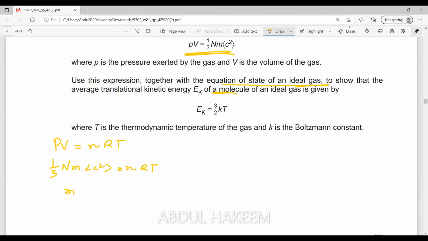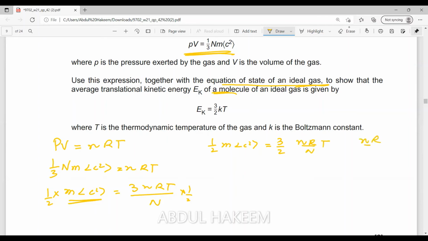Now it can be written as m times the mean square speed equal to 3 times nRT over capital N. Now to make this kinetic energy, multiply both sides by 1 by 2. So it becomes 1 by 2 m times the mean square speed equal to 3 by 2 nR over capital N into T.